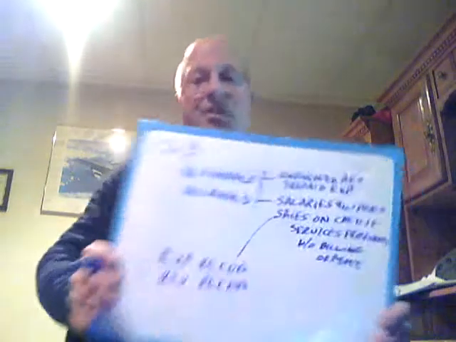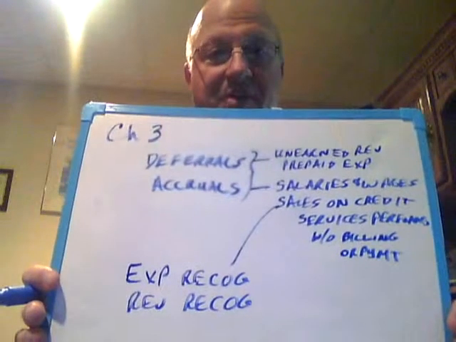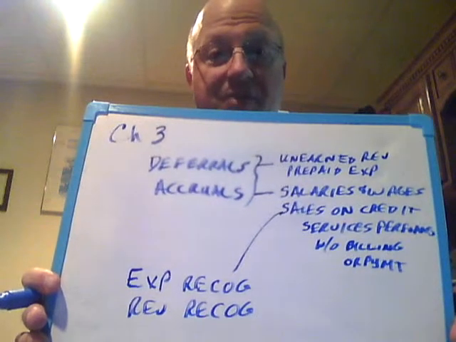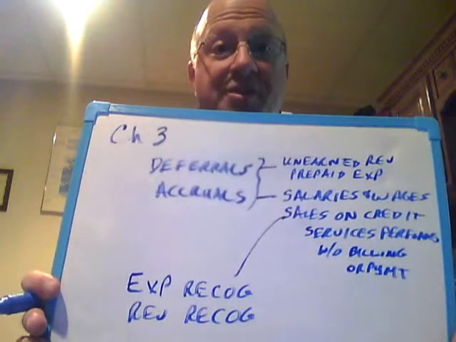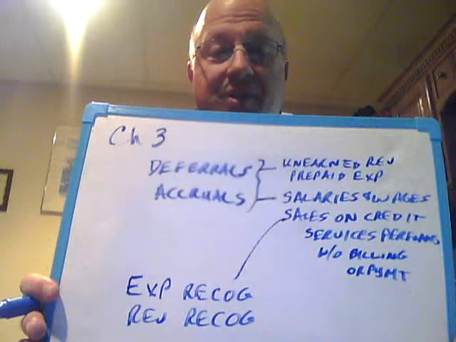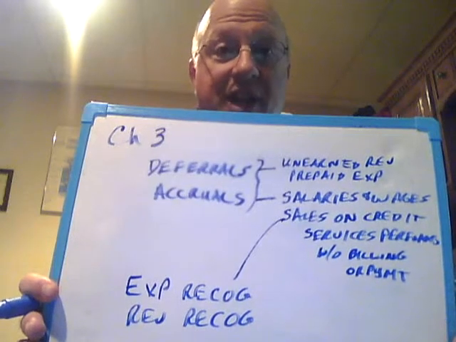And so when we talked about deferrals and accruals, we may have already talked about the expense recognition principle and the revenue recognition principle, which basically says that we need to recognize expenses as they are incurred and revenues as they are earned, regardless of what's going on with the collection or payment of cash.